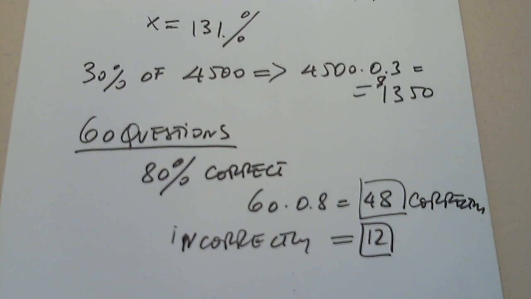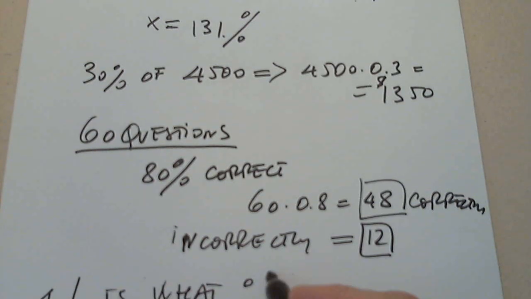Let's look at something with fractions now. 4 and 1 over 12 is what percent of 4.5? Don't get bothered by fractions. Please don't. However, they have to be changed from mixed numbers into improper fractions.